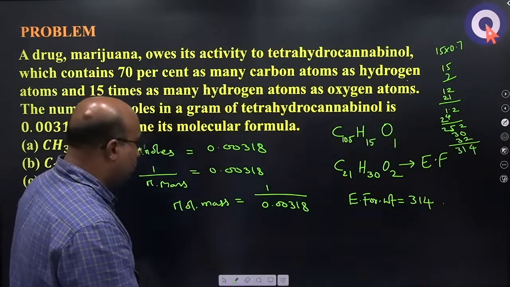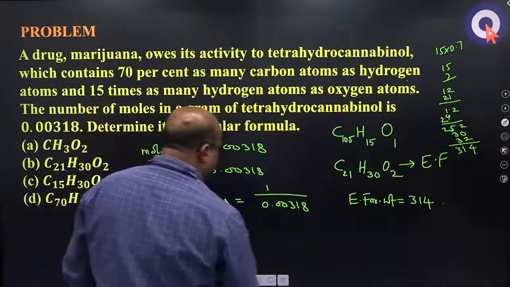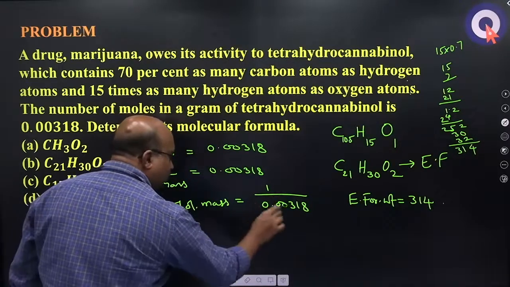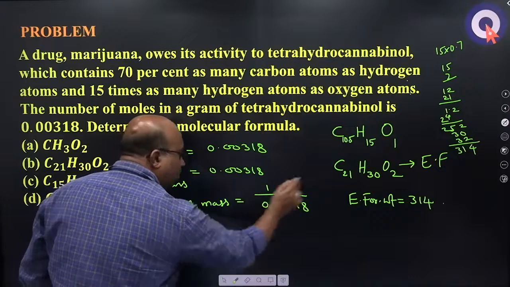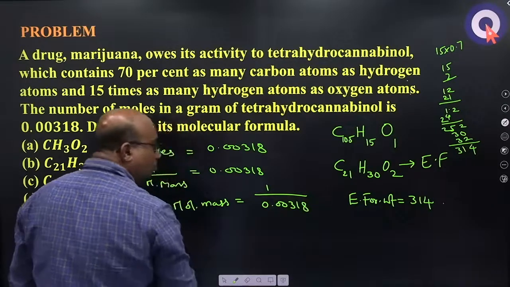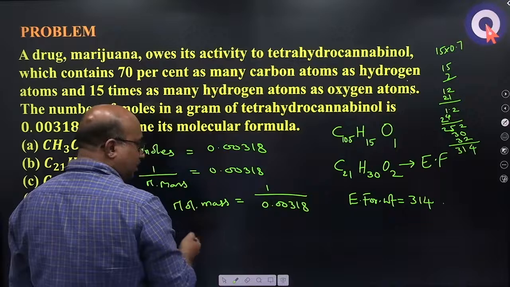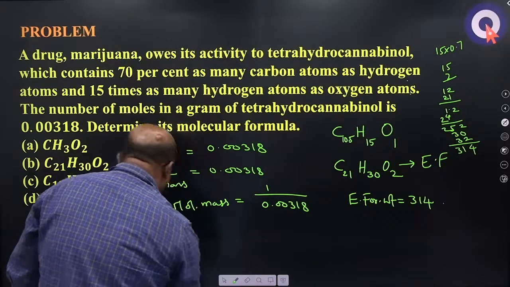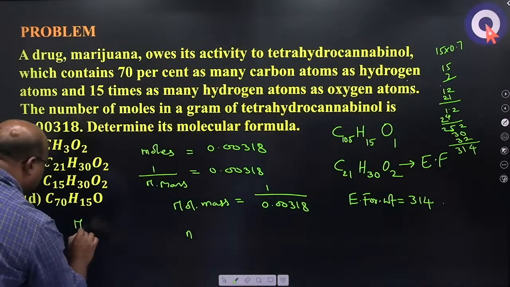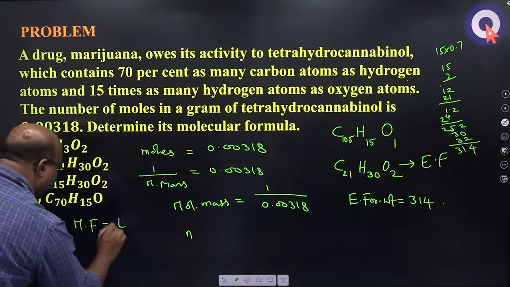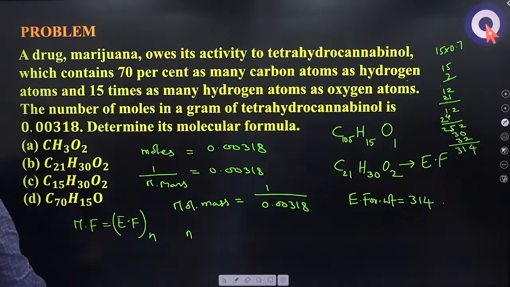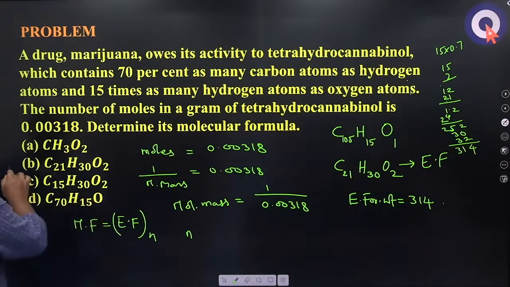Clear? So what is the empirical formula or molecular formula? Sorry. Molecular formula will be, this molecular mass divided by the empirical formula mass will give the number of times, n. So we write the molecular formula as n times the empirical formula. Now as you see from this, it might be this itself.